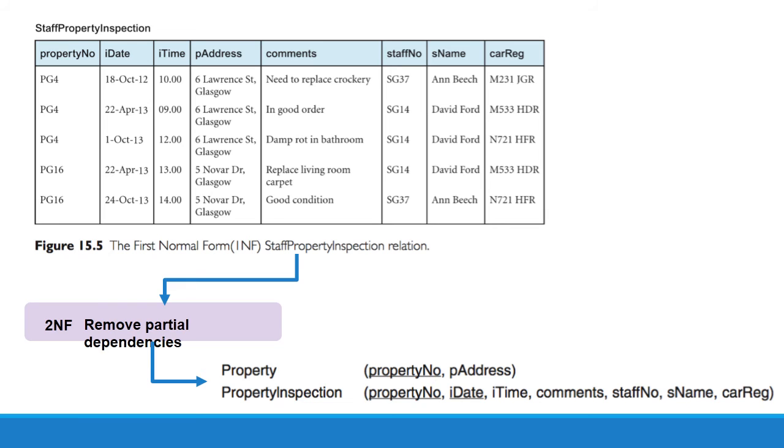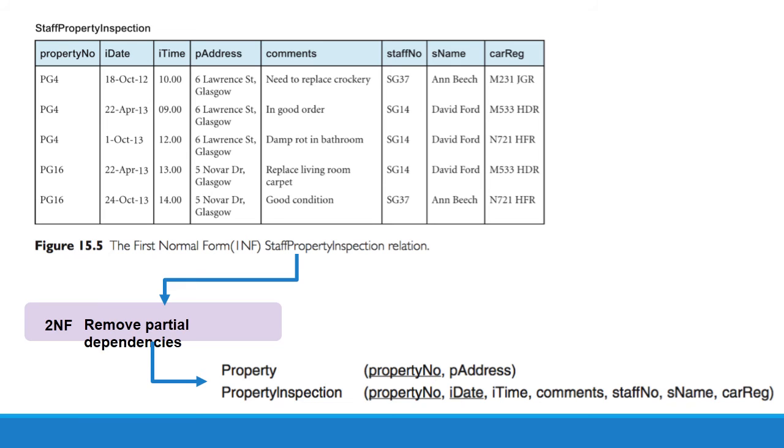Okay, so from the master table, staff property inspections, we remove the property address, and we build another new table called properties. It consists of property number and property address.